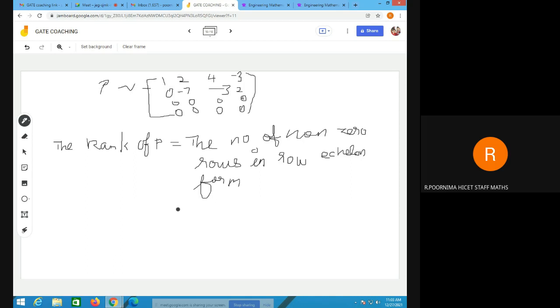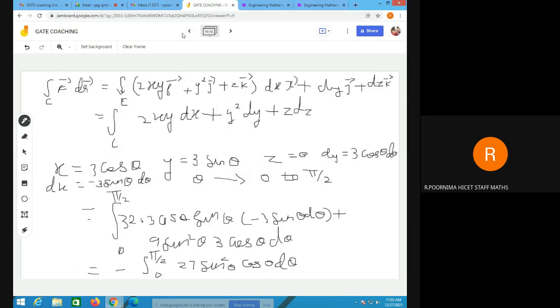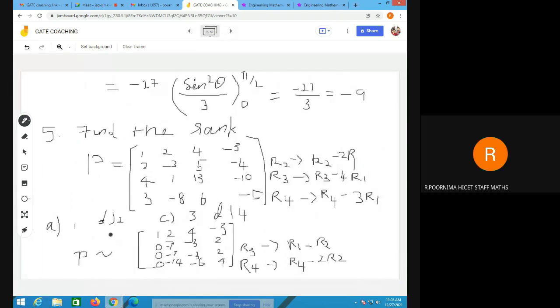This is the formula. Okay, so the number of non-zero rows in the row echelon form is 2 here. So the rank is 2, and you can select option B. It is 2.